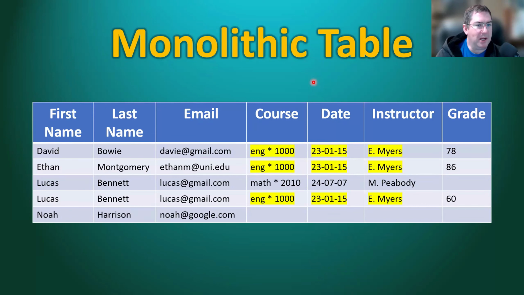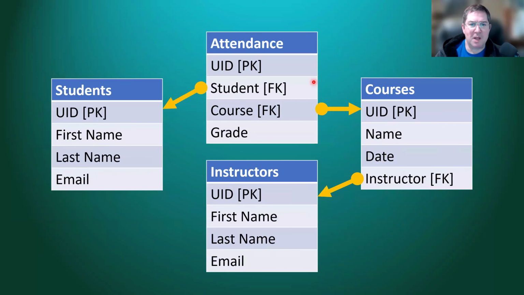But we're just going to break it up and have a look at what's going on. So we break up that monolithic table into 4 different tables here, and this makes it easier to manage. We're going to add and remove columns as we go as well, which is a lot easier with these smaller tables. This is called a normalized database schema, in that the data redundancies have been removed.